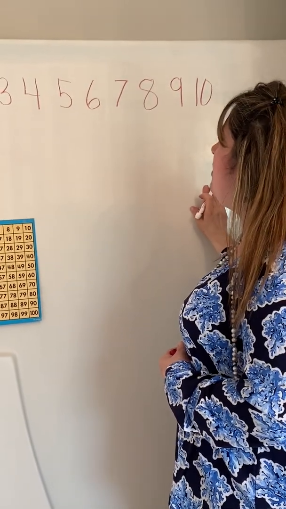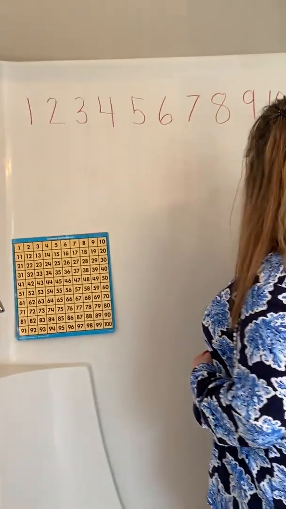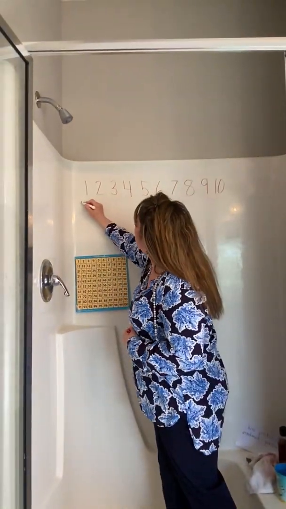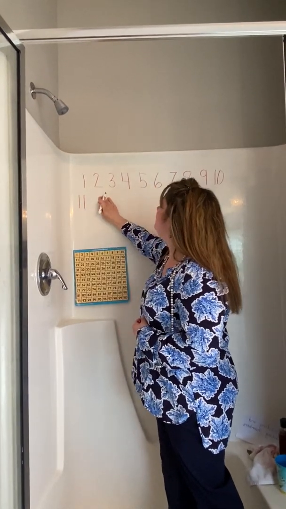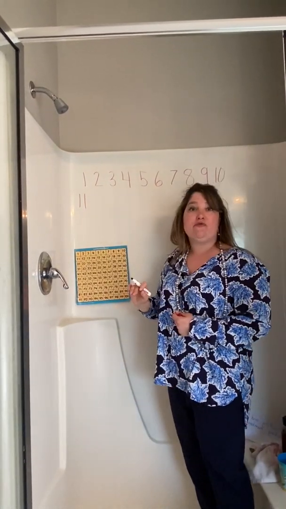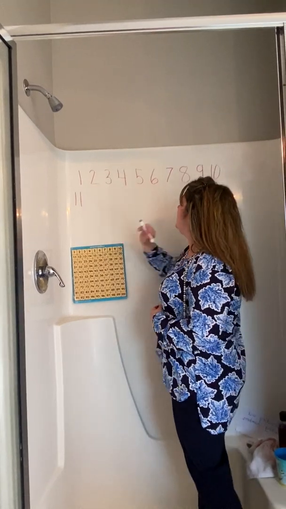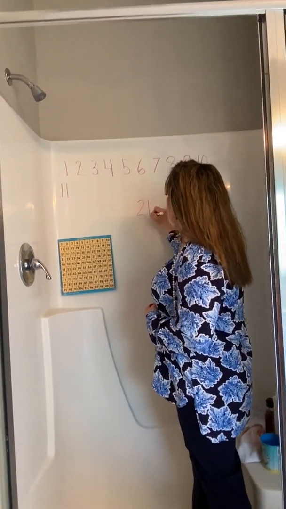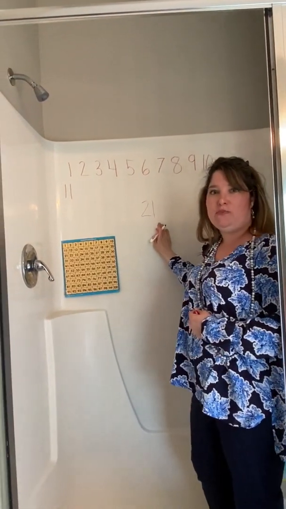So the next part is where it gets confusing for writing numbers. Obviously, 11 is not a problem. 1 and 1. But oftentimes, in kindergarten, instead of it being 12, you will see this. Is that the number 12, boys and girls?